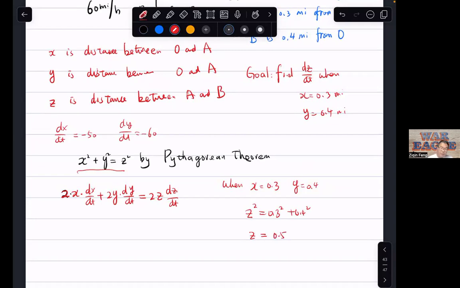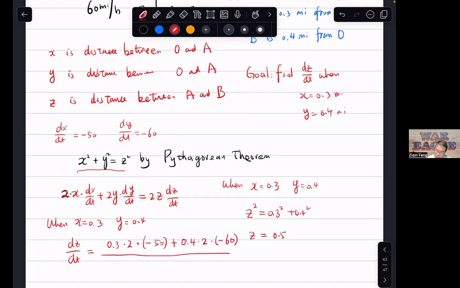Now we can plug in all the information. So when x is 0.3, y is 0.4, dz/dt is 0.3 times 2 times negative 50 plus 0.4 times 2 times negative 60, over 2z, which is 2 times 0.5.